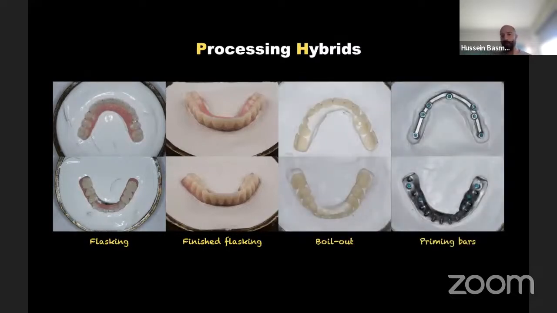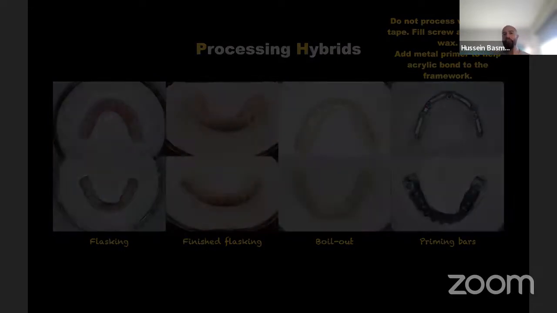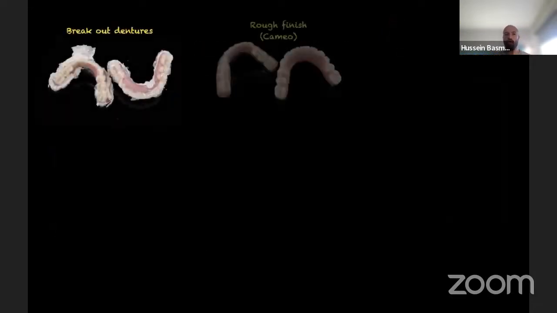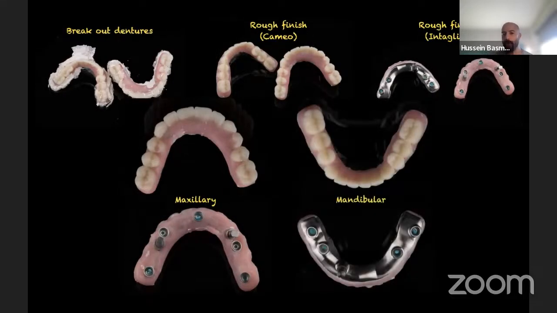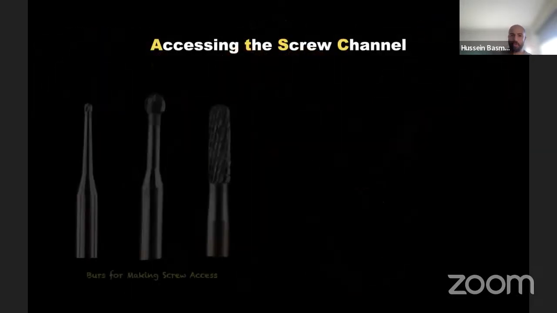They flask it, they boil it, and then they put the primary bars, and based on that we do the final prosthesis. So it's a process to go through, and the whole point is to show you that what we want to end up with is a hygienic, easier-to-clean prosthesis in the mandible, and an esthetic prosthesis in the maxilla that's also easier for the patient to clean.